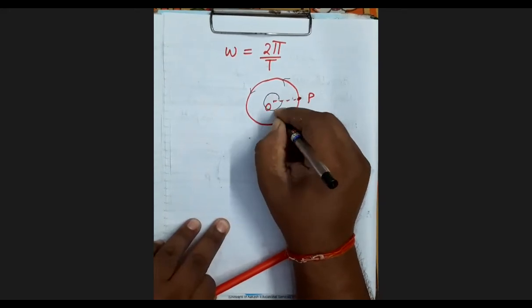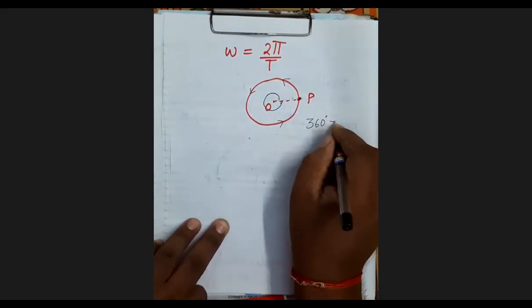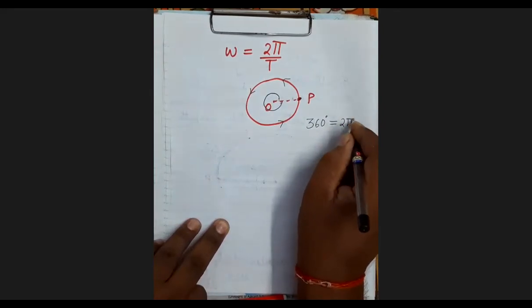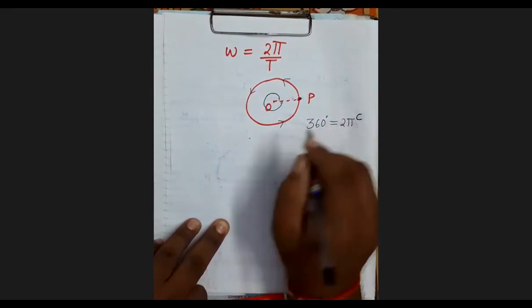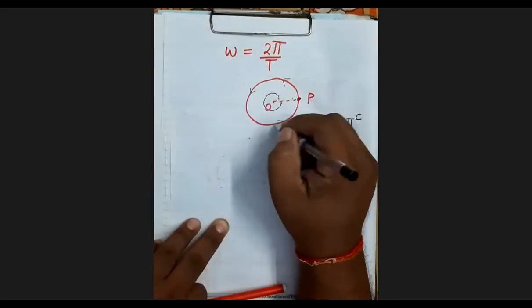By 360 degrees. 360 degrees means how many radians? It is equal to 2 pi radian. And in what time is it completing one rotation?